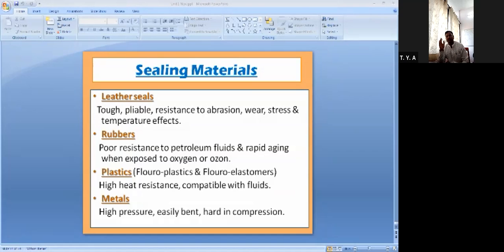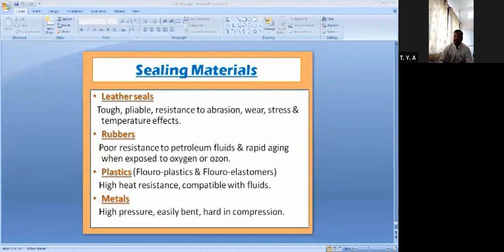Because leather is a porous material, it is able to absorb lubricating fluid. Due to these different aspects, leather is also used for seals.